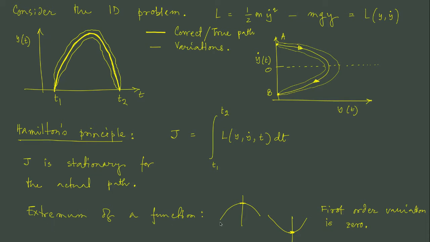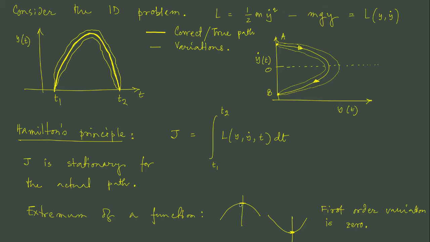What I mean by stationary is, let us look at the stationary value of a function. You are already familiar with the extremum of a function. If a function has a maximum or a minimum, the first derivative vanishes at the highest point or at the lowest point or at a saddle point as well. At extremum, the first derivative vanishes.